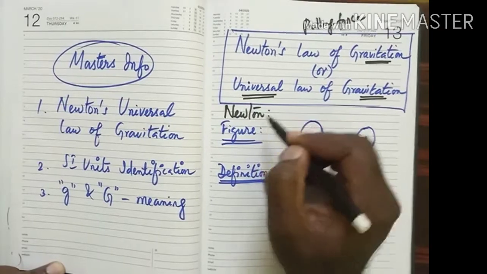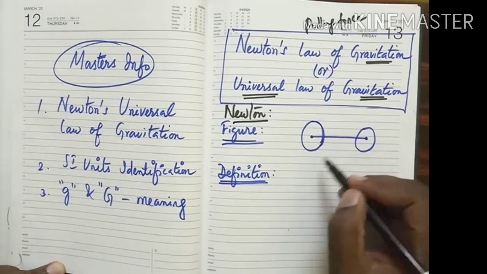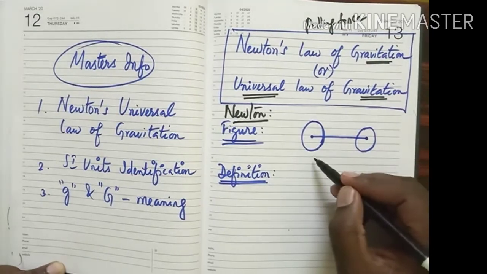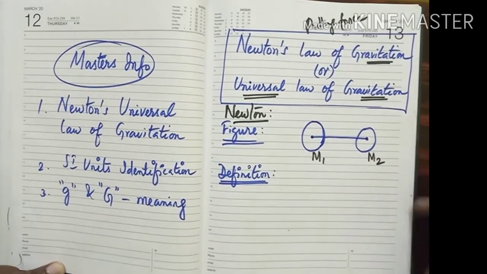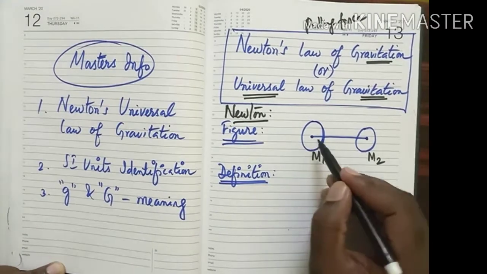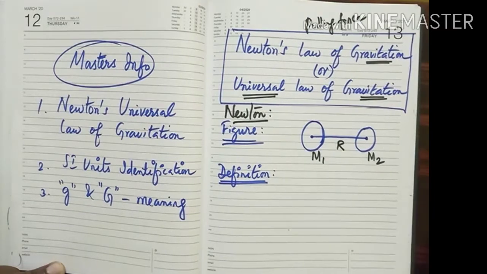So here I am referring to a figure. Let us consider this is an object that has a mass of m1 and another object of mass m2 whose centers are at a distance of r.